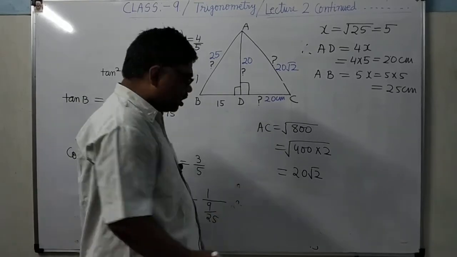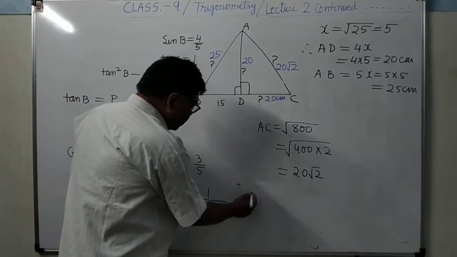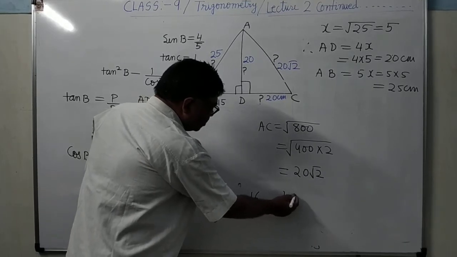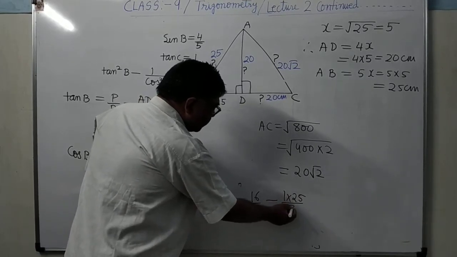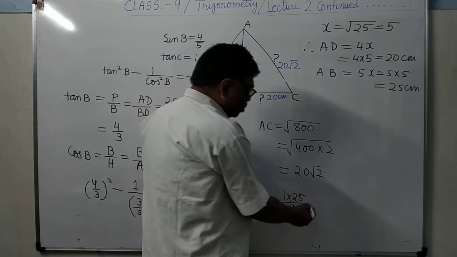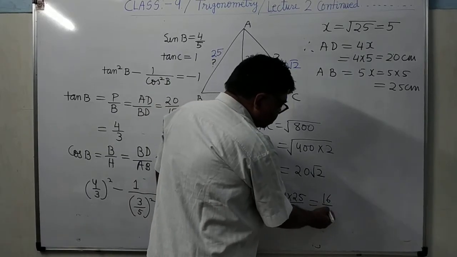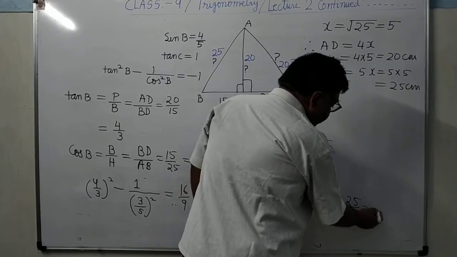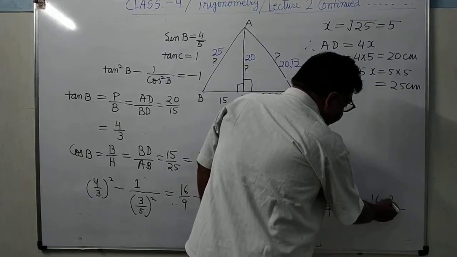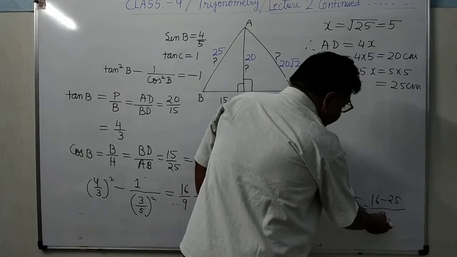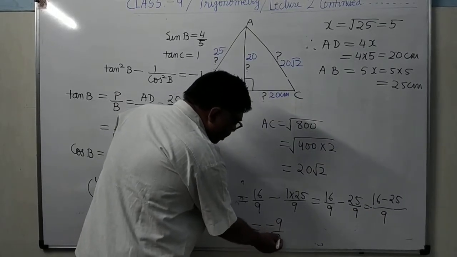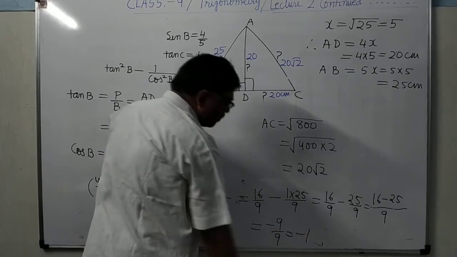So now you can do further. 16 upon 9 minus 25 upon 9. So this will be equal to minus 9 upon 9, that is minus 1.